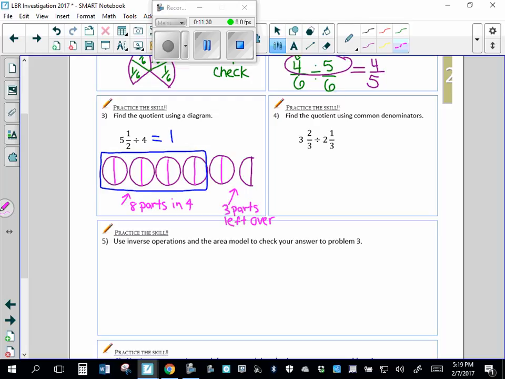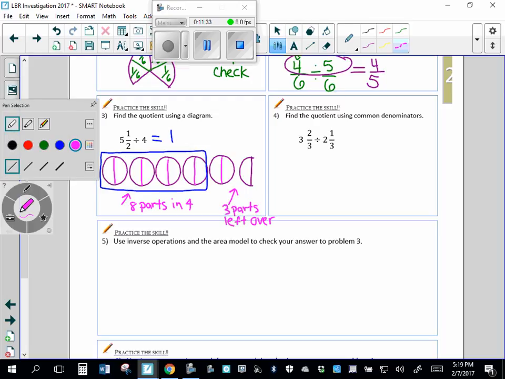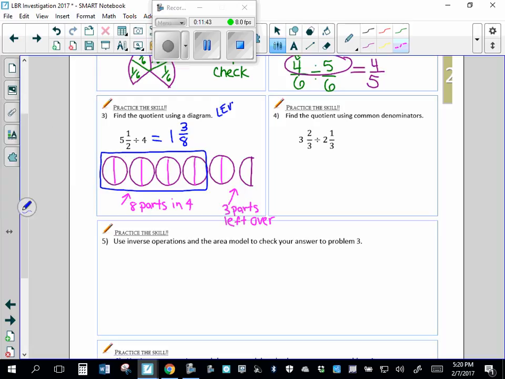So we would say 1 and 3 parts out of 8 parts. That's a tricky picture to draw. That's like a level 3 picture.